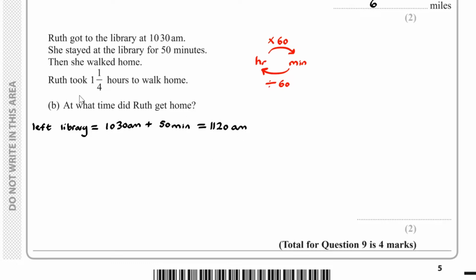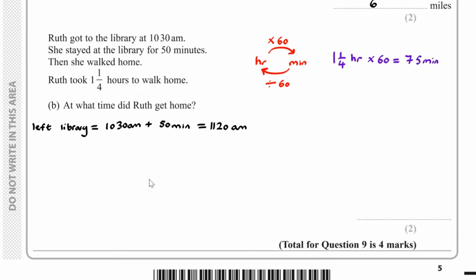And then if it took her 1¼ hours to walk home, well, to convert the 1¼ hours into minutes, multiplying this by 60, this is equal to 60 minutes plus 15 minutes, which is 75 minutes.